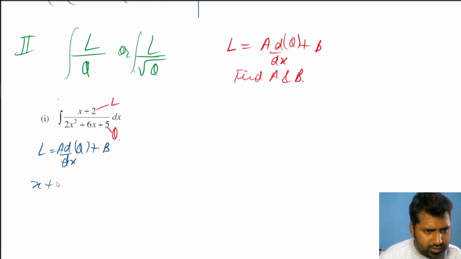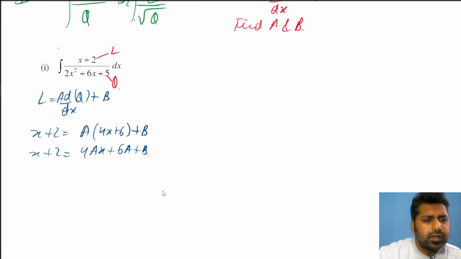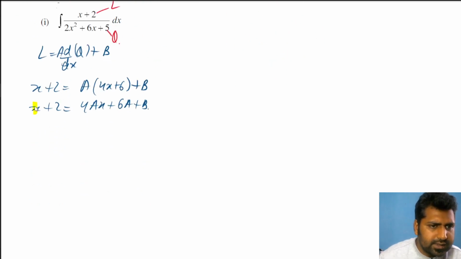What is linear? X plus 2. A d by dx of the quadratic, differentiate this, so you get differentiation of 2x square plus 6x plus 5 is 4x plus 6 plus b. X plus 2 is 4ax plus 6a plus b. You just compare coefficient of x with coefficient of x over here, and you compare your constant with constant. You get yourself two equations.